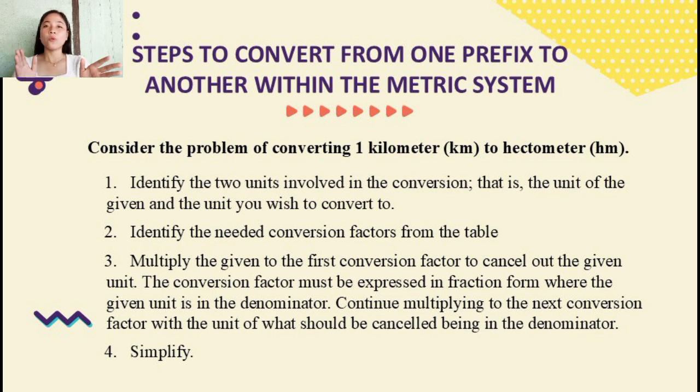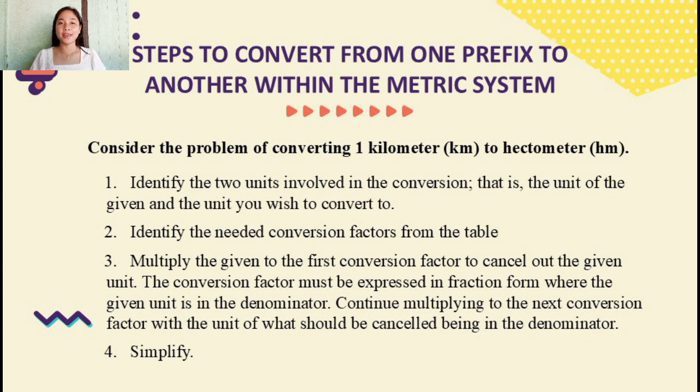The first step is we need to identify the 2 units involved in the conversion: the unit of the given, and the unit you wish to convert to. So, the units involved in this problem are kilometer to hectometer.